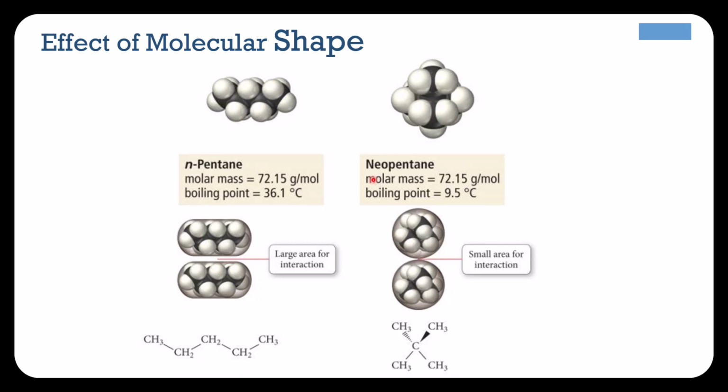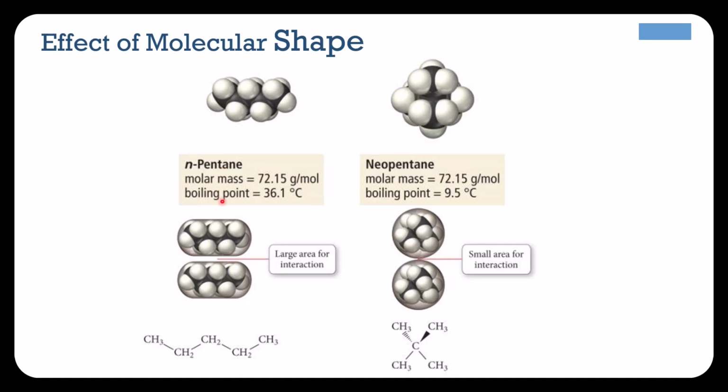So I can't rank them based on polarity. They're both London dispersion. I can't rank them based on size. They both have the same molecular mass. What can I rank them on? Now we're looking at the shape, the opportunity for intermolecular interactions to take place.